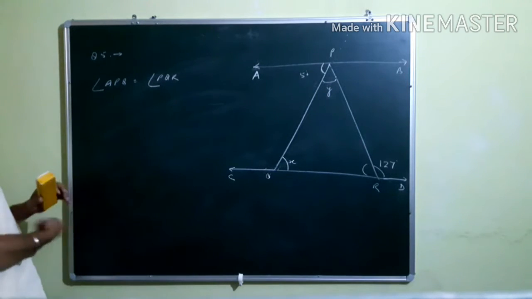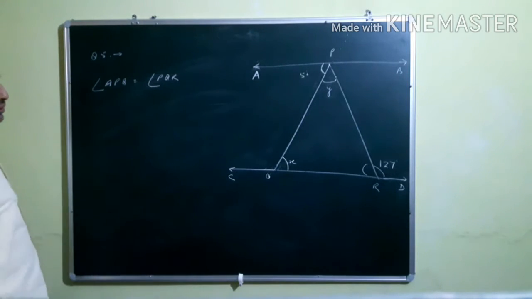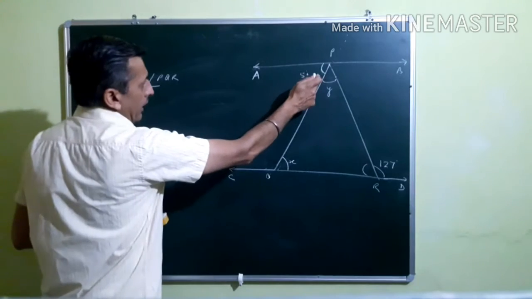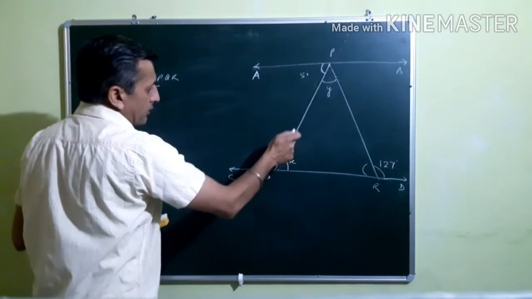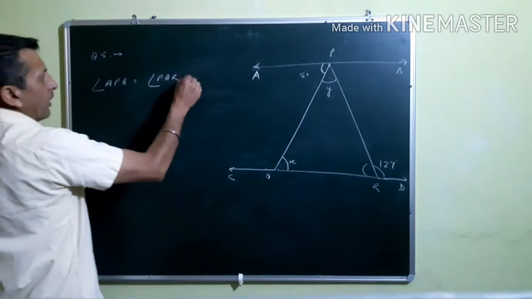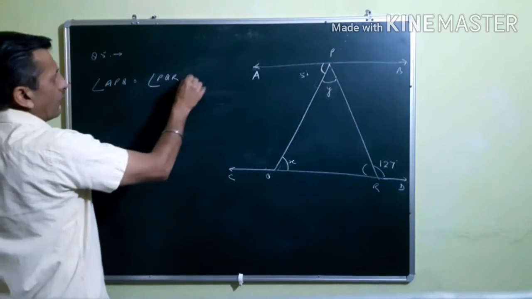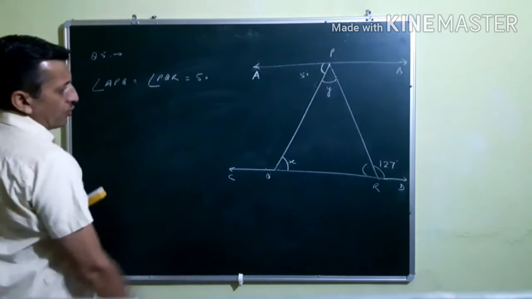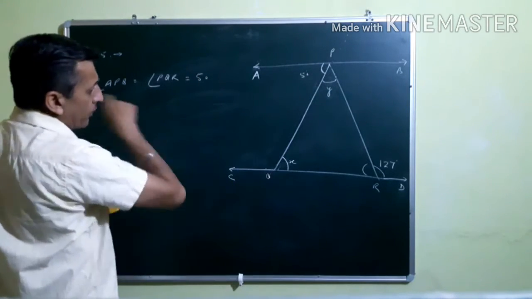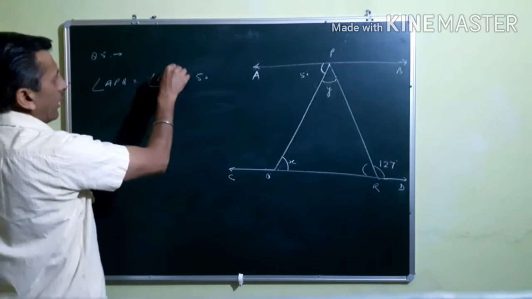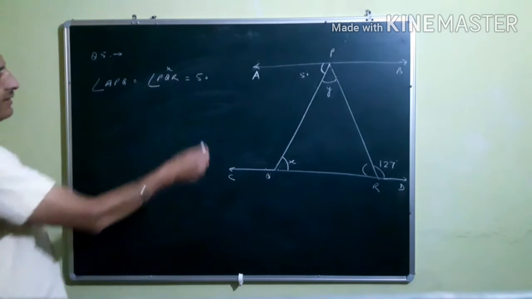Both angles are equal because both are alternate interior angles, because these lines are parallel and this is your transversal. So if APQ is equal to 50 degrees, then PQR is equal to X. So X is equal to 50 degrees. That's all. So this was the first part.